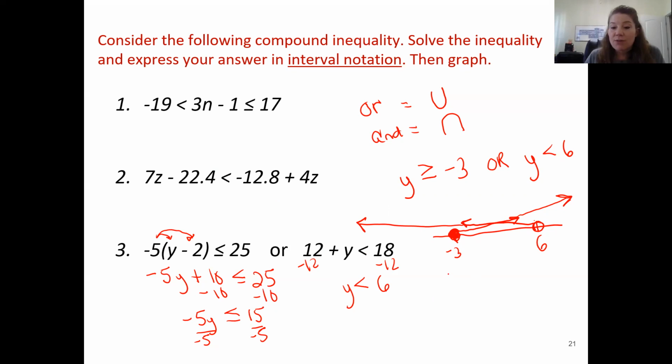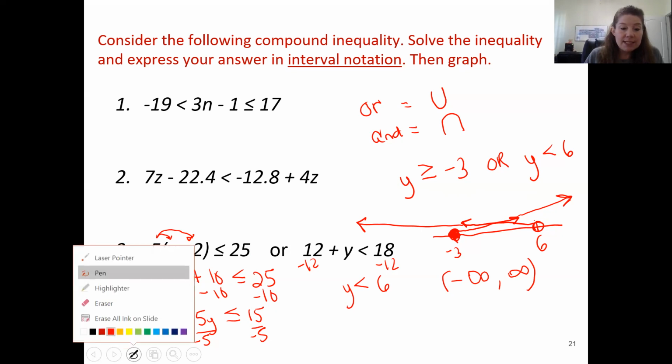So this would be going from negative infinity through positive infinity. So that's what intersection means, or excuse me, union means any part of the graph that is graphed, okay? And then the last one, so let me erase this.